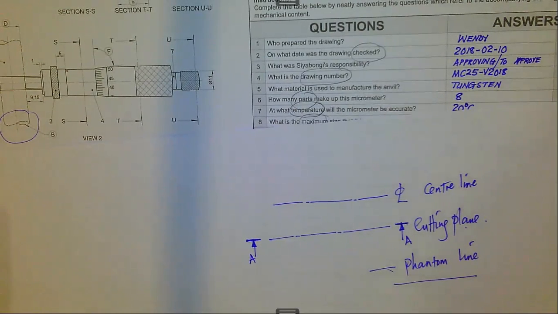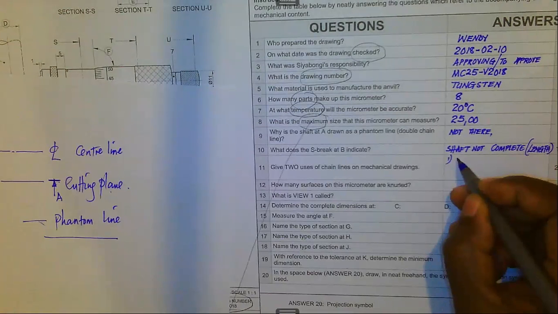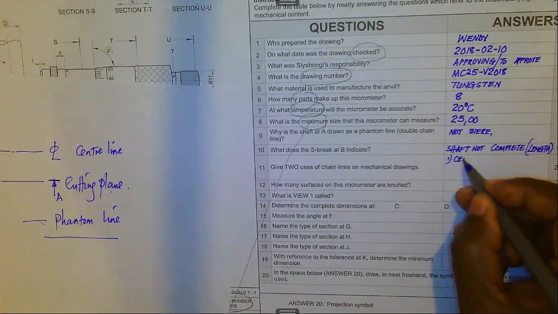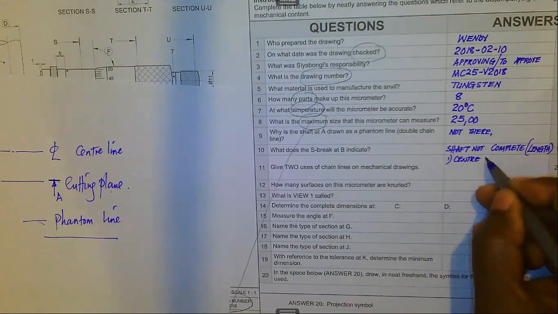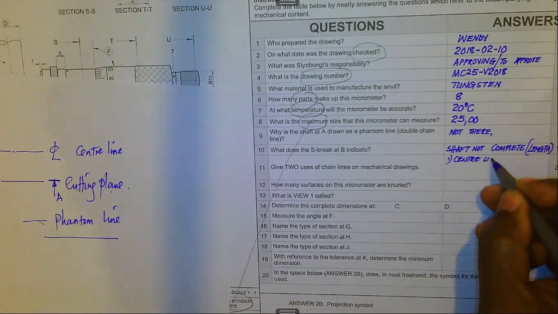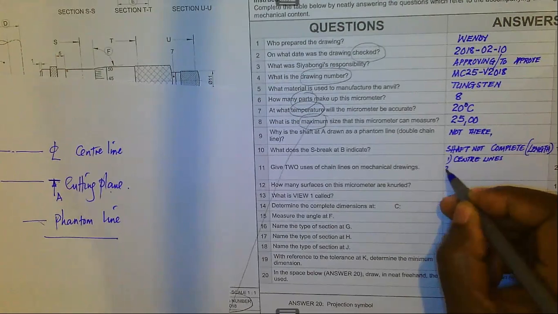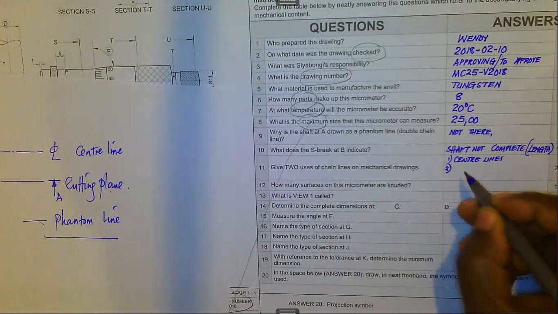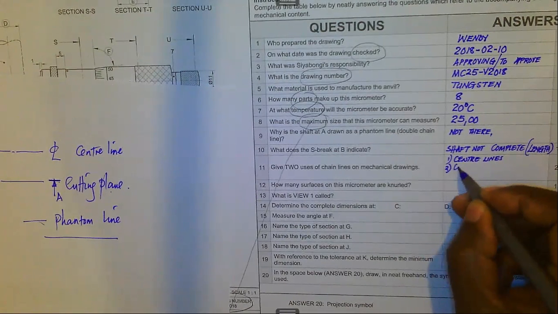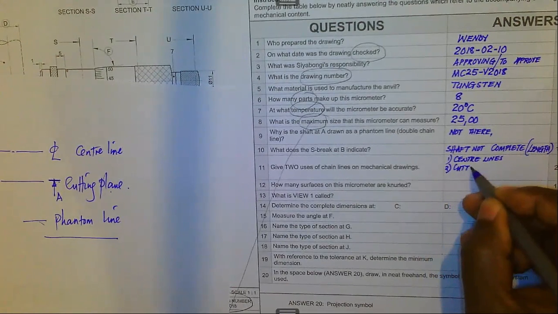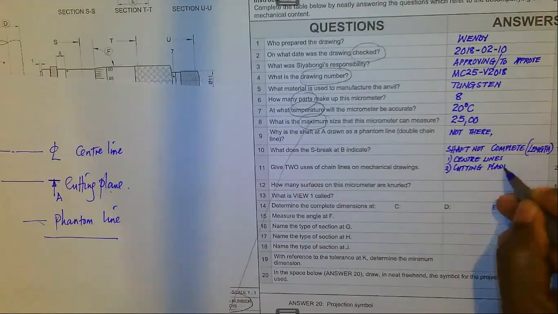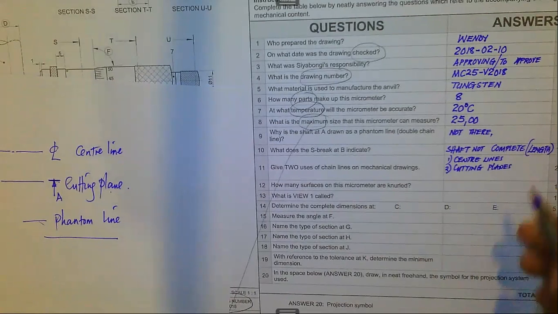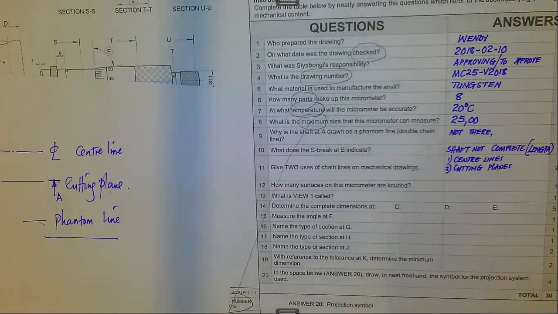So number one, we can talk about center lines. We can also talk about cutting planes, only that the cutting planes need to be defined at the end with those thick ends that I illustrated earlier on.